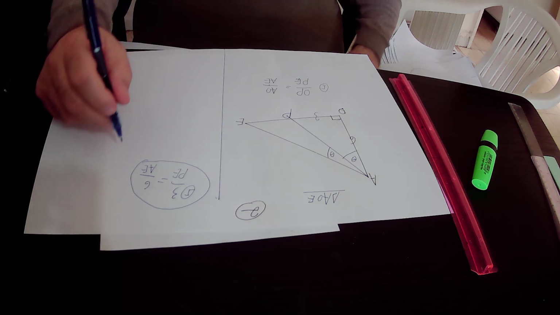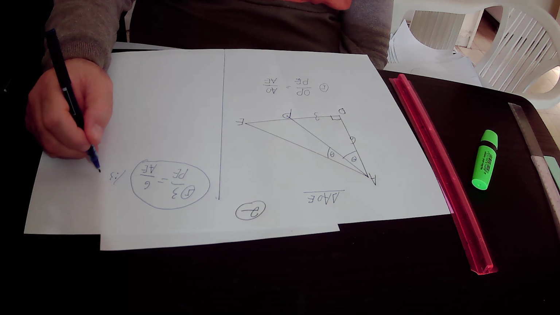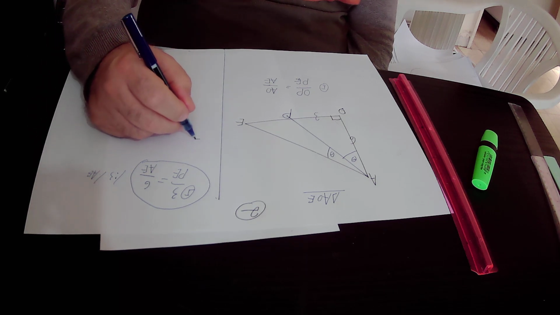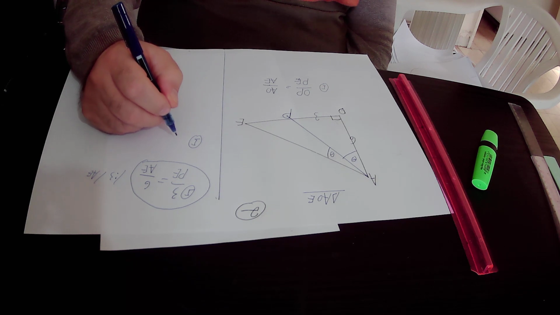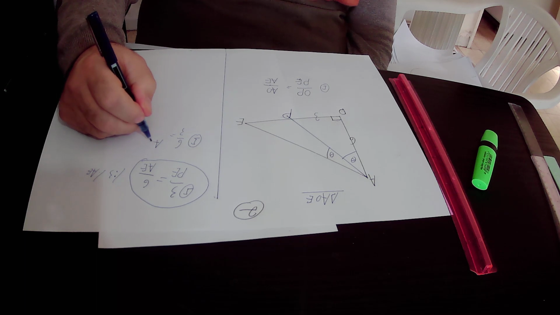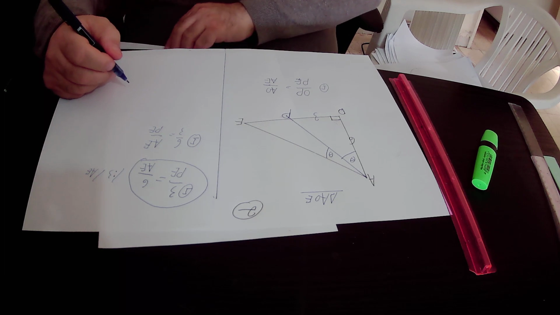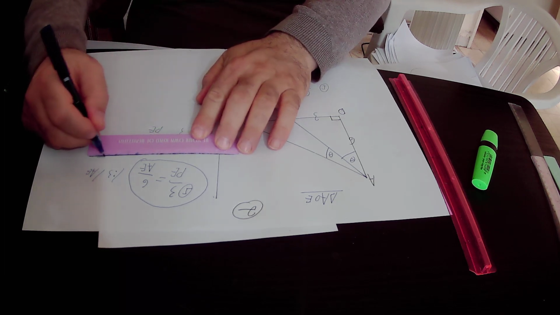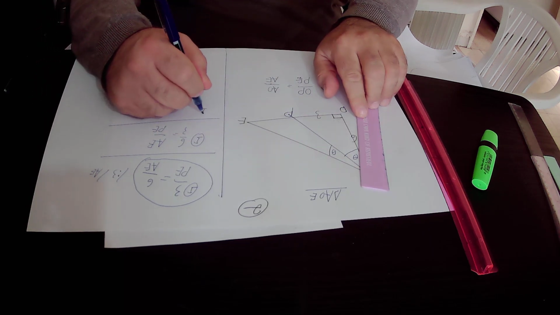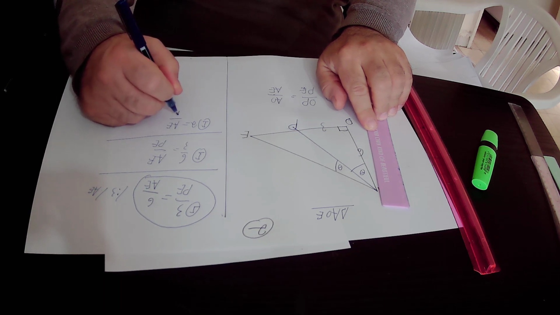We divide this equation by 3, and multiply it by AE, and we get that 6 over 3 equals AE over PE. Six over 3 is 2. So write it down. Here 2 equals AE over PE.